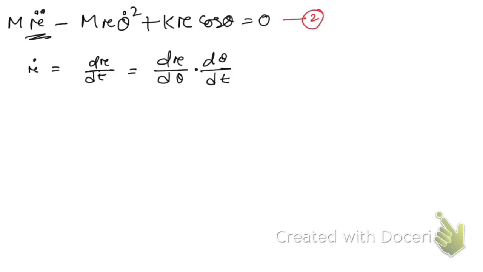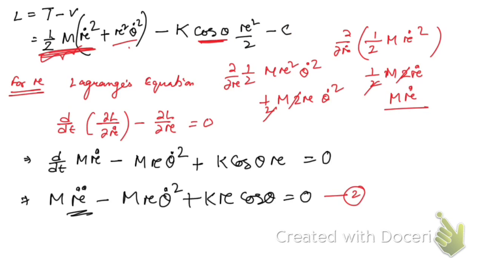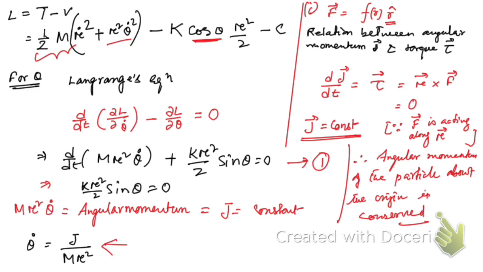We can use this chain rule, and this is nothing but the time derivative of theta, which is nothing but theta dot. So now you see, this theta dot can be replaced by this, right?